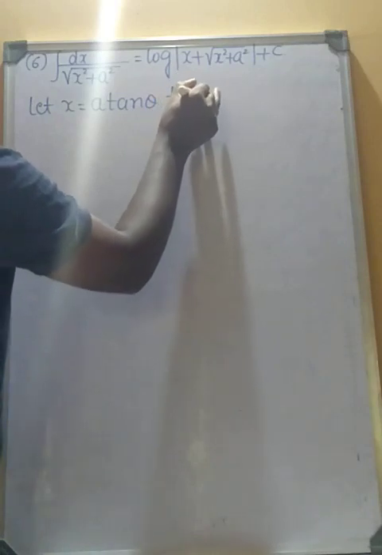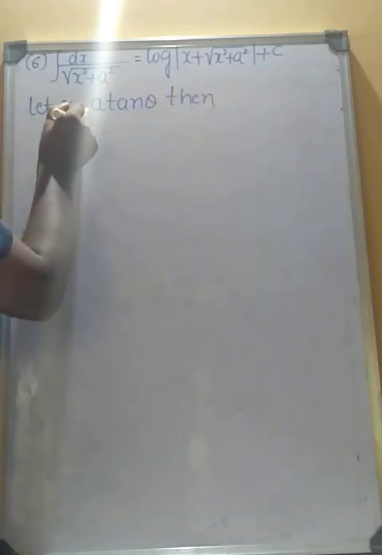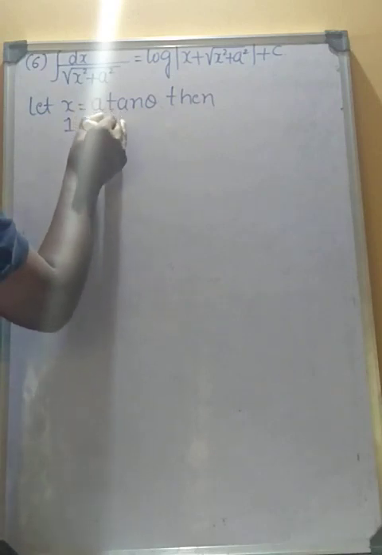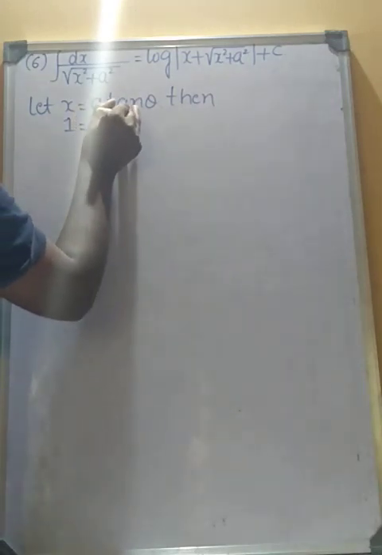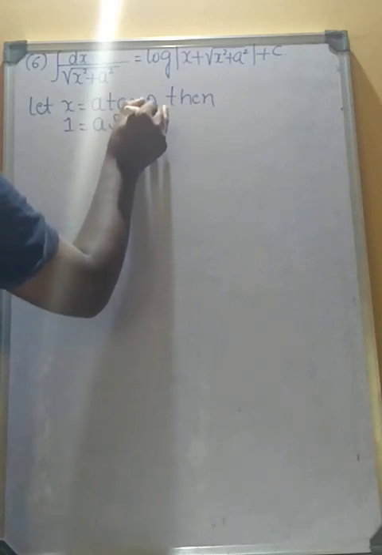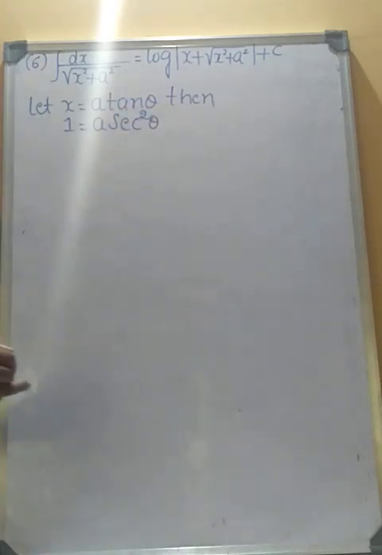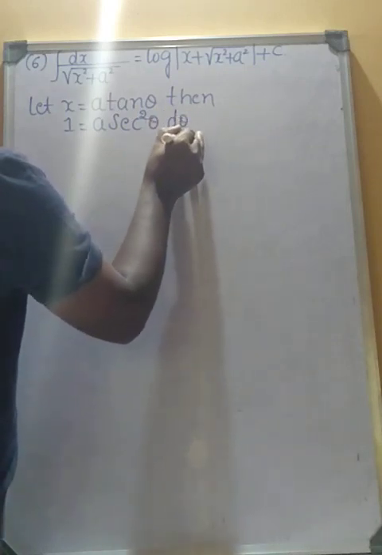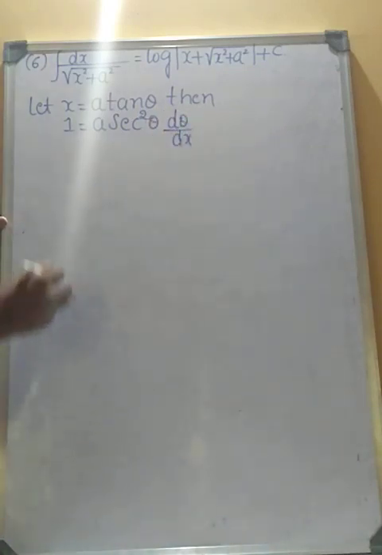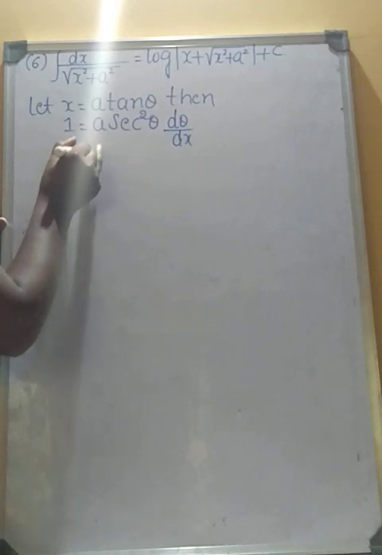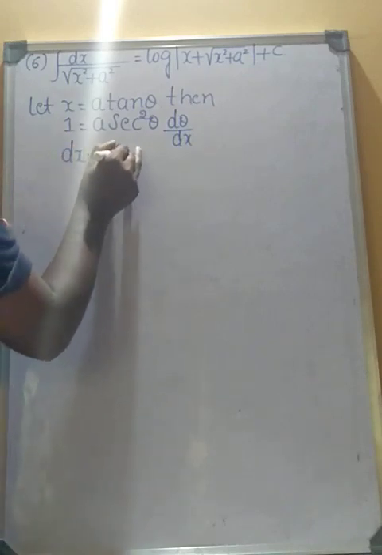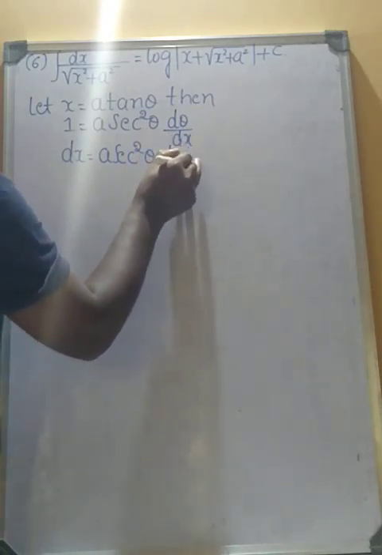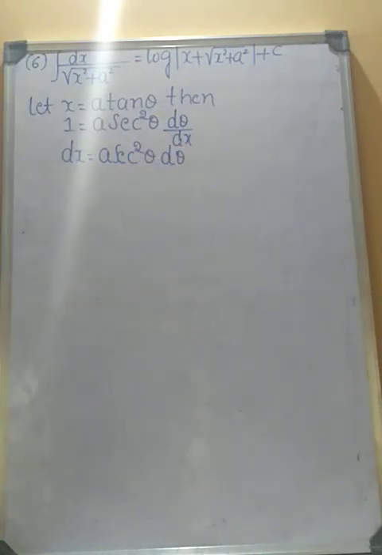Then differentiate with respect to x. d by dx of x is 1 equals a, d by dx of tan theta is secant square theta into d theta by dx. Cross multiply this. dx is equal to a secant square theta into d theta.